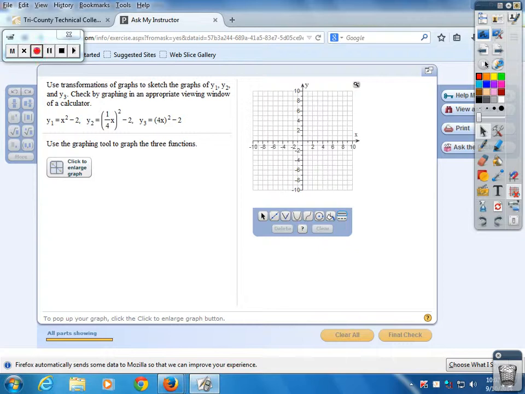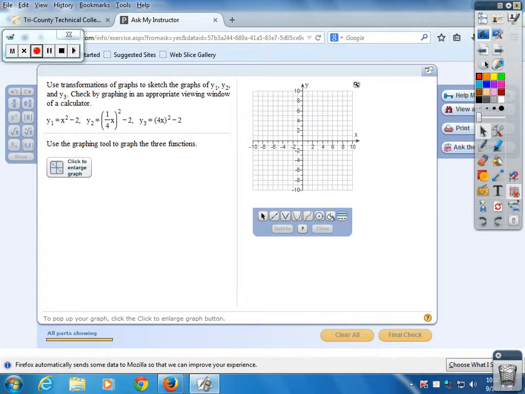Do I have on there anywhere X? If X is attached to the other number, then it is a horizontal shift. This one's not attached to X. It's attached to what? X squared.